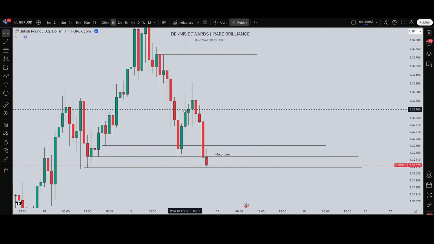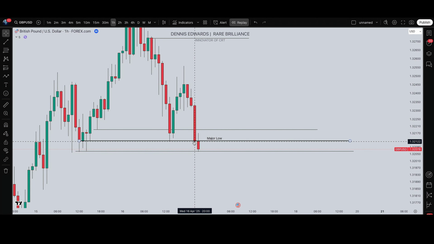So now let me explain. This long body bearish candle did have a solid break into our area of liquidity, but there was never a sweep of the low. But what this still means is that the market is still grabbing liquidity, enough to generate a minor reversal, which is what it did. And so as we keep watching, we see that the market did come back down again into this area.